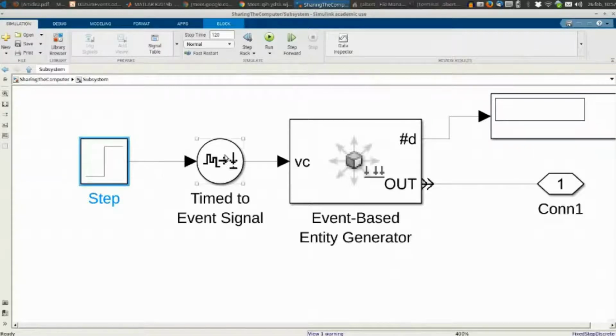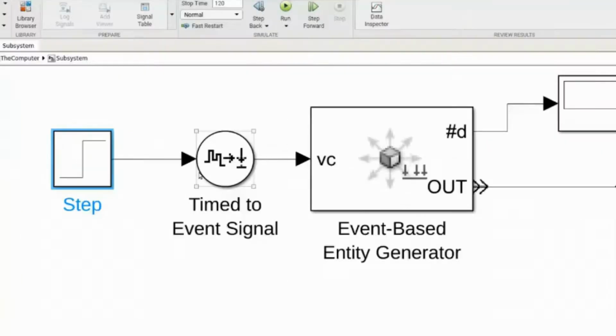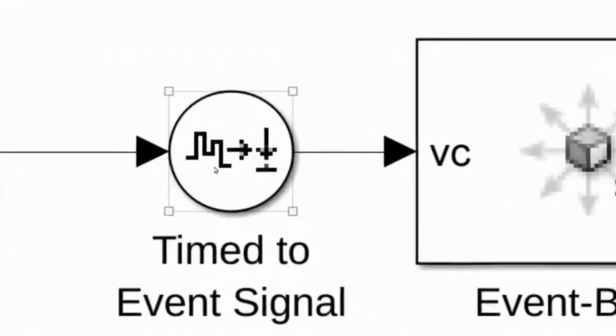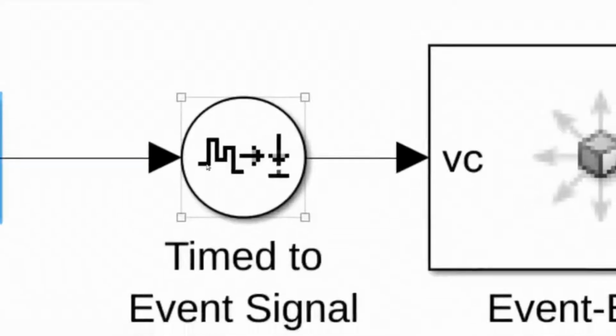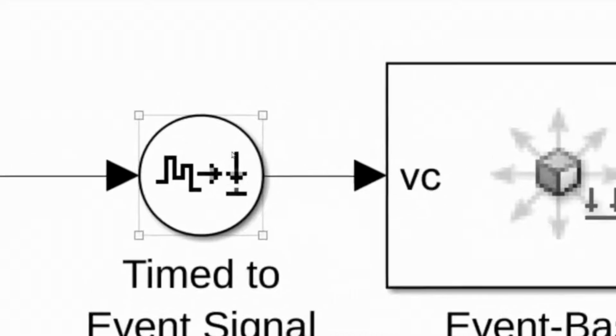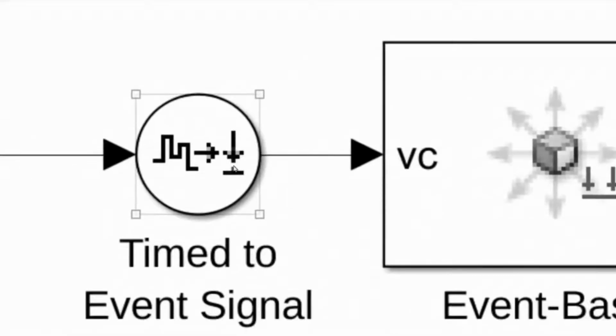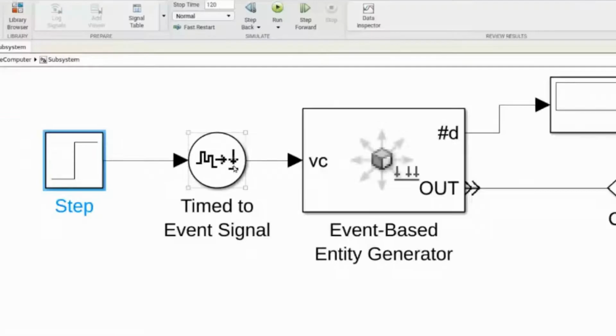So that's why I need, you remember, a connection between timed signals and event-based signals. That's the reason of this symbol. You remember, I told you that here I have timed signals, and here we have events that will happen only at discrete times all along the simulation.